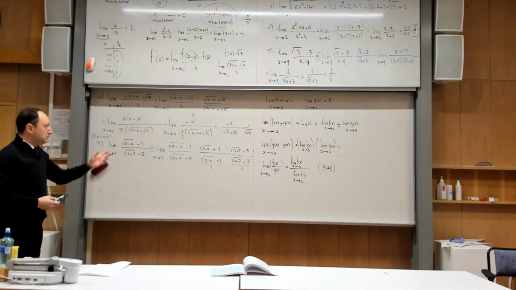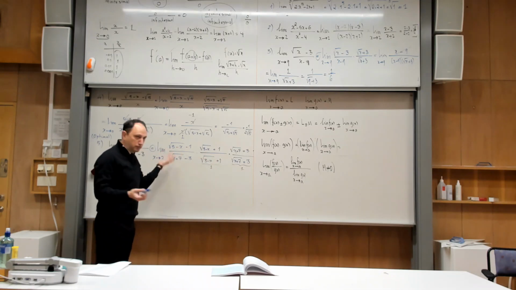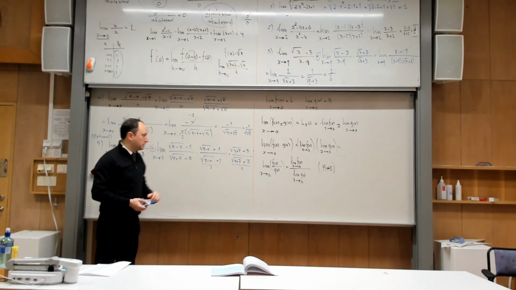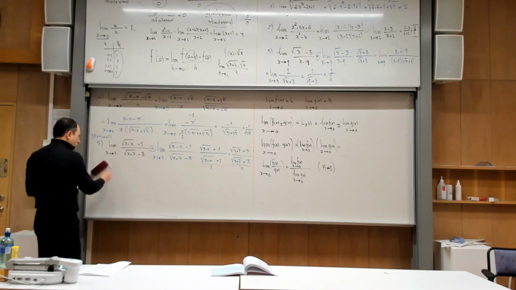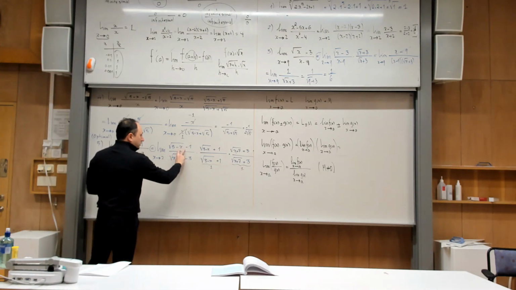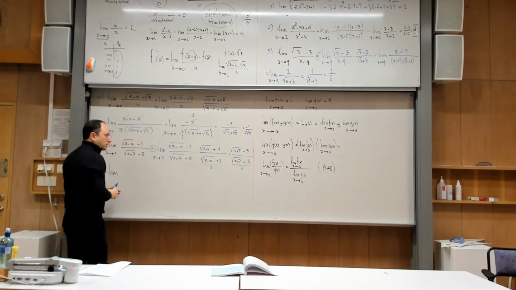But now, can you tell me how should I organize them? So I have 3 fractions. I want to multiply. So in principle I have to multiply all the numerators and all the denominators. But how should I organize them so that I can do less work? Of course, it is beneficial to multiply these 2, because I myself made them in a way that they are conjugate pattern.